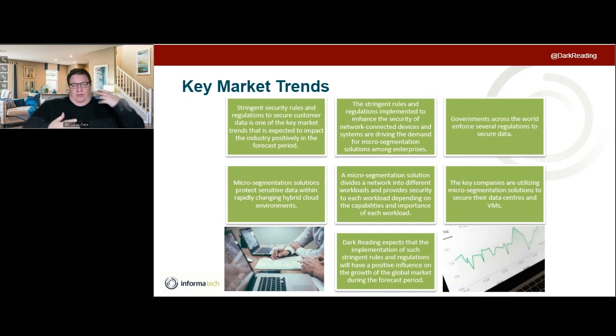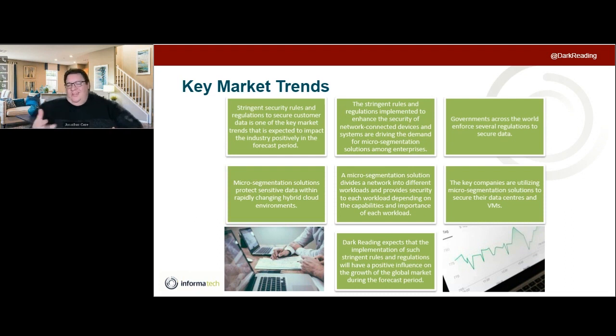As I said, microsegmentation will protect sensitive data within the rapidly changing cloud, and by dividing a network or piece of infrastructure or cloud fabric, however you want to consider it, by dividing into workloads and then providing security capabilities around those workloads, allows us to then decide on the capability and importance of each workload.